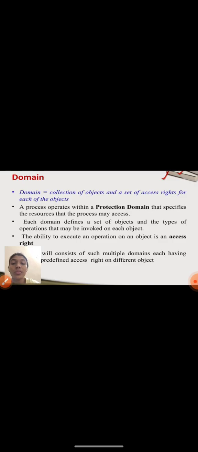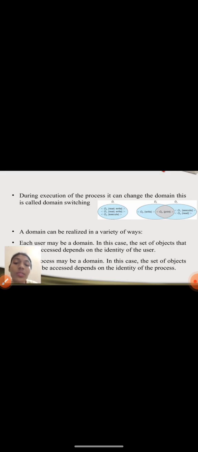Each domain defines a set of objects and types of operations that may be invoked on each object. The ability to execute an operation on an object is an access right. During execution of the process, it can change the domain. This is called domain switching.